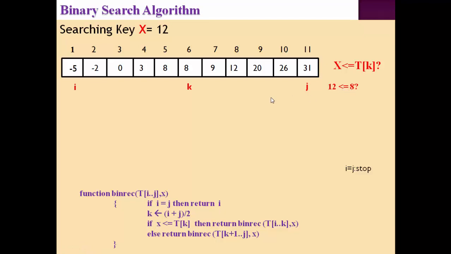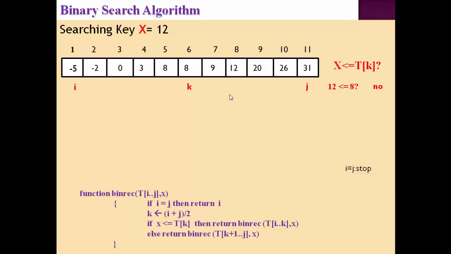If 12 were less than or equal to 8, it would mean that our 12 is available inside the left part. But 12 is not less than or equal to 8. This condition is false. It means that our 12 is available in the right part. So we just ignore this left part. We are not searching for our element inside the left part. We have to search for our element inside the right part.